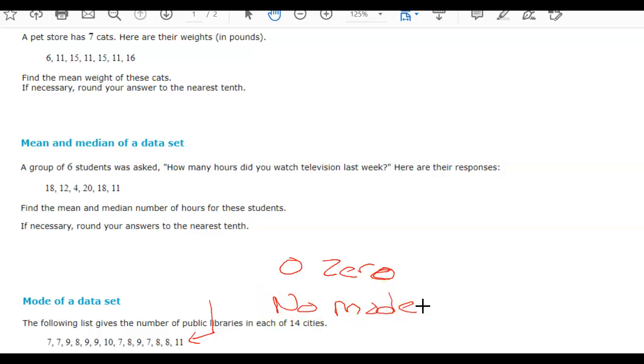Okay? If the 7 was up there 5 times, and that was the only one up there that was 5 times, then 7 would be the mode. Okay, so we can have no mode, we could have more than one mode, or we can just have one mode. All right, let's move on down to the next problem.